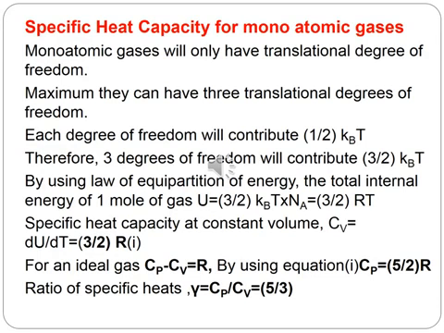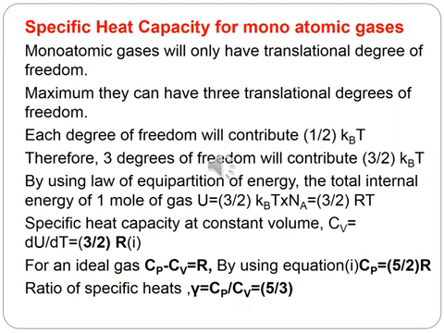Then what should be the internal energy of 1 mole of gas molecules? It is equal to 3/2 kBT into Na. You know that 1 mole of gas molecules will be equal to the Avogadro number of gas molecules, which is represented by Na.